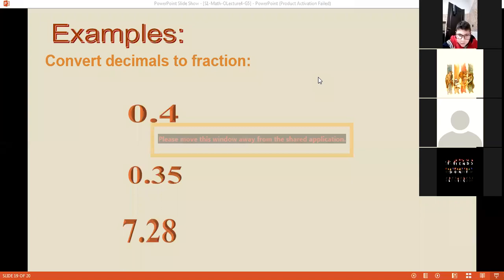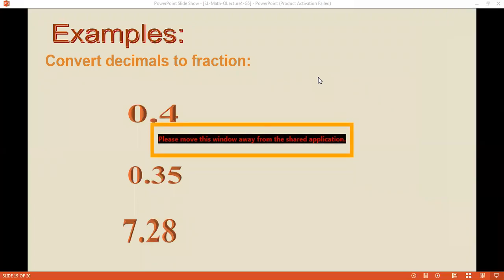We have only 4 tenths. You see, you still have many problems with word form and standard form. This is 4 tenths, so it's 4 over 10.